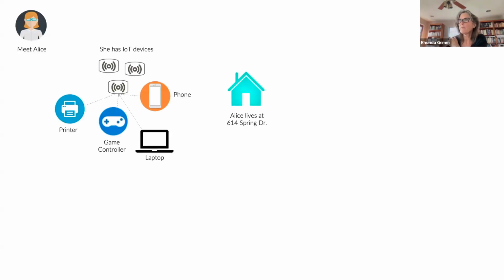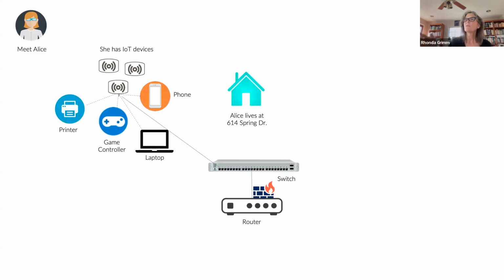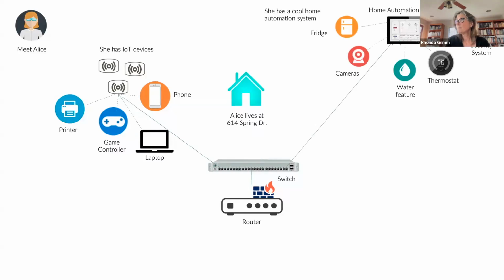Take Alice again. Alice lives at 614 Spring Drive. She has a lot of IoT devices. She's got her printer, game controller, her phone. She's got a wireless network, and the APs probably plug into the switch, at least one of them. She might have a TV or a laptop that plugs in directly.